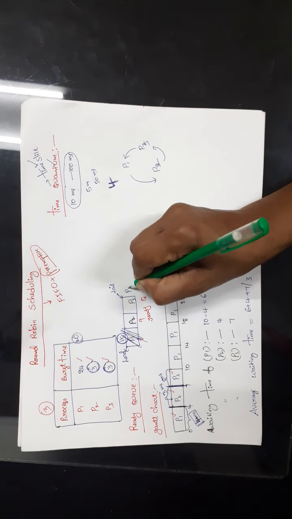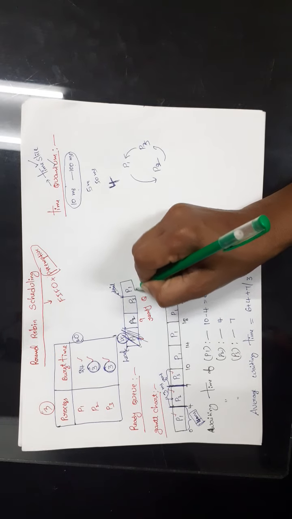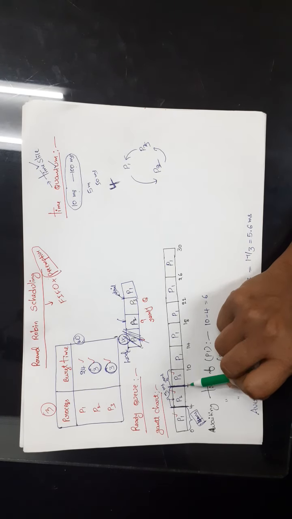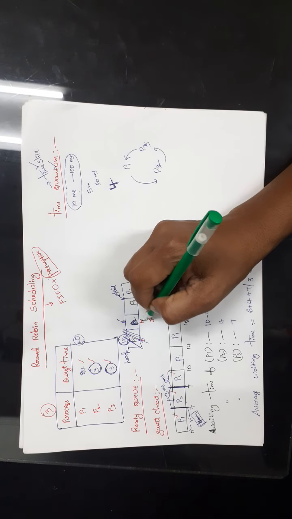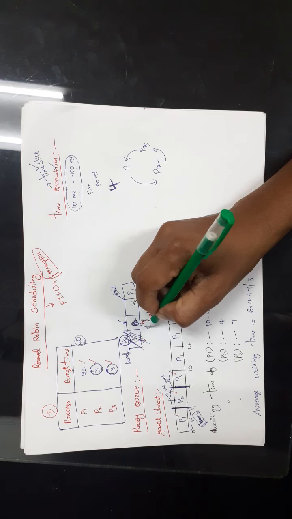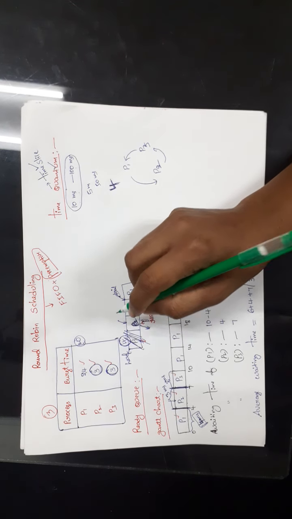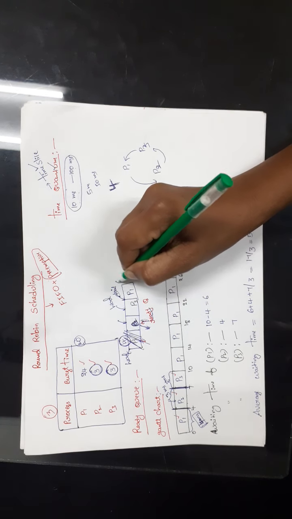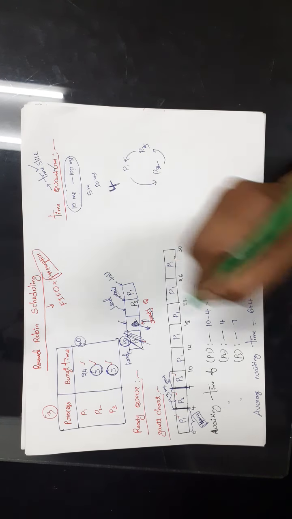Where should it be placed? It should be placed at the tail of the queue. Now head becomes P2. So after finishing the execution of P2, P2 finished its execution, right? So now we will remove P2 from the ready queue, and head will be moved to this place and tail will be moved to this place.